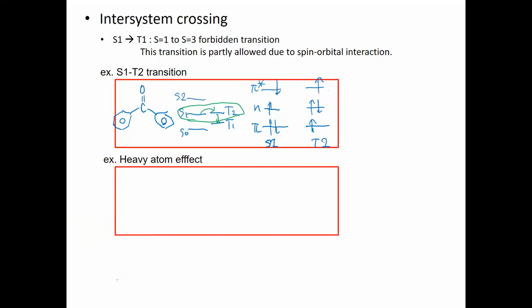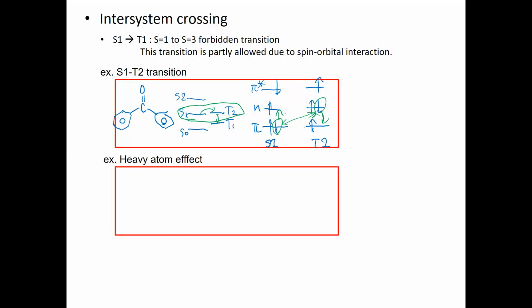Since these two electron configurations have quite similar energy, the electrons can be easily exchanged, like this one and this one can be kind of exchangeable. That means this electron is coming this way or coming this way. So S1 and T2 are switching the state frequently.